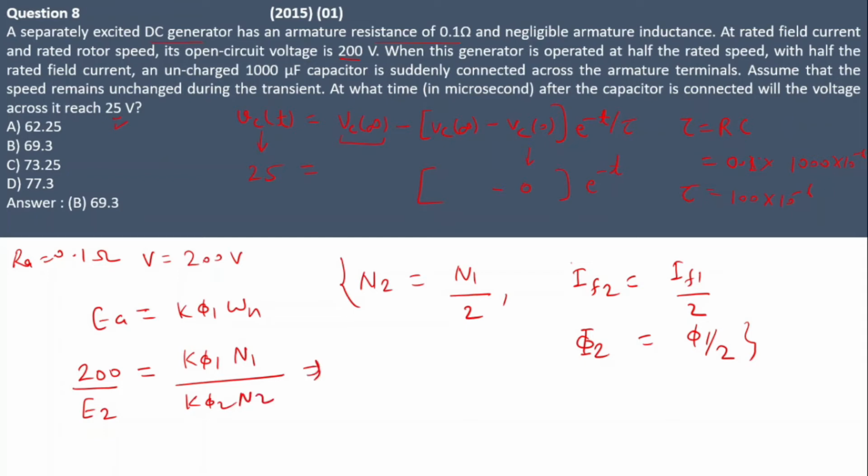So phi 1 by phi 2 equal to 2 and N1 by N2 equal to 2. So E2 is how much? 50. E2 is 50 volt. So this is the VC infinity.